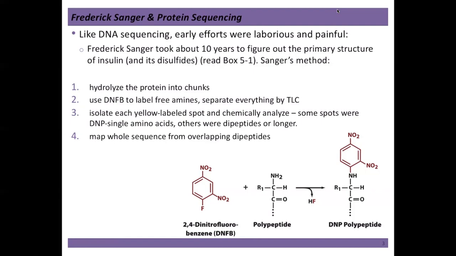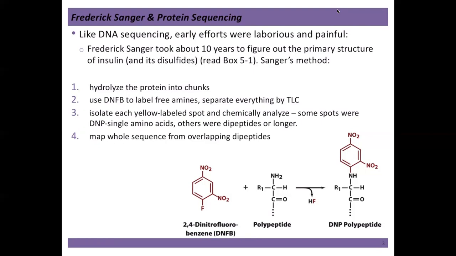So how his method worked back then was he would hydrolyze the protein into chunks, different parts. And then he used dinitrofluorobenzene, and it reacts with the amine, and then he would treat it with HF, and it would hydrolyze the peptide, and so you'd get smaller fragments.